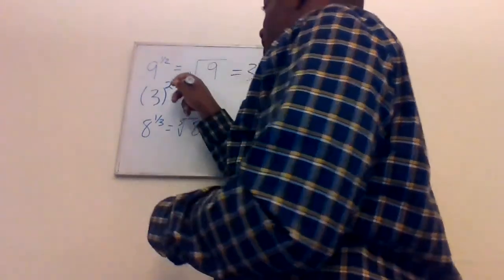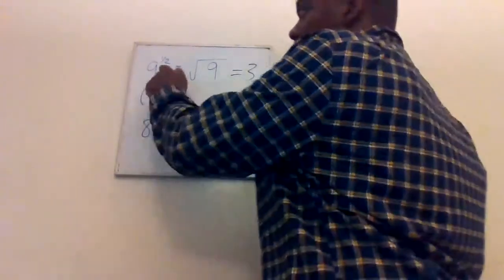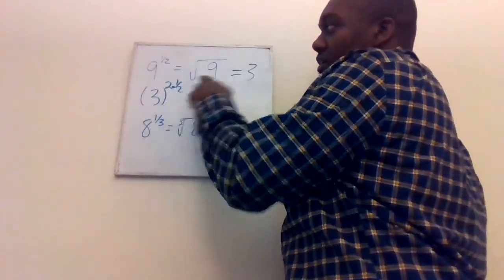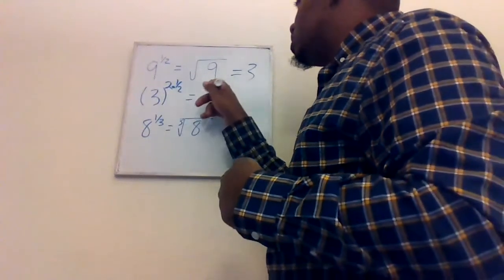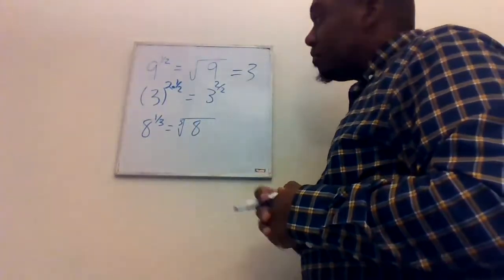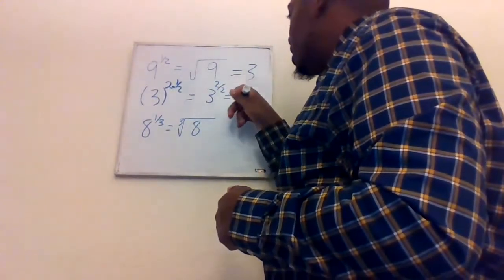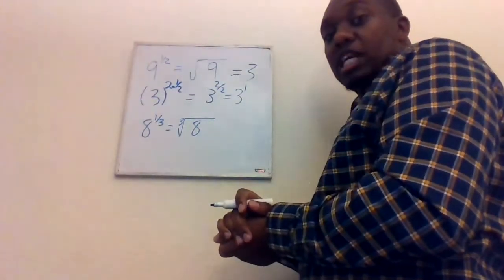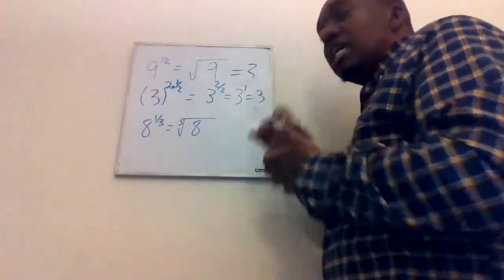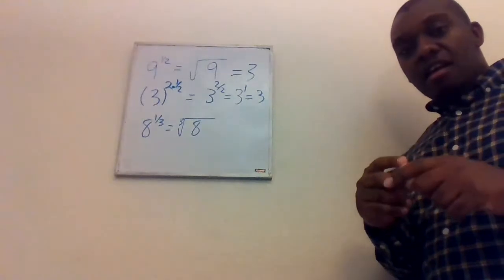Well, if we think of this as just doing 3 squared and taking half of that, because 9 is the same as 3 squared, and we're really looking at 9 to the 1/2, well, this would just be 3 to the 2 over 2, because we're multiplying fractions, and 2 over 2 is the same as 1, and any number raised to the first power is just itself.